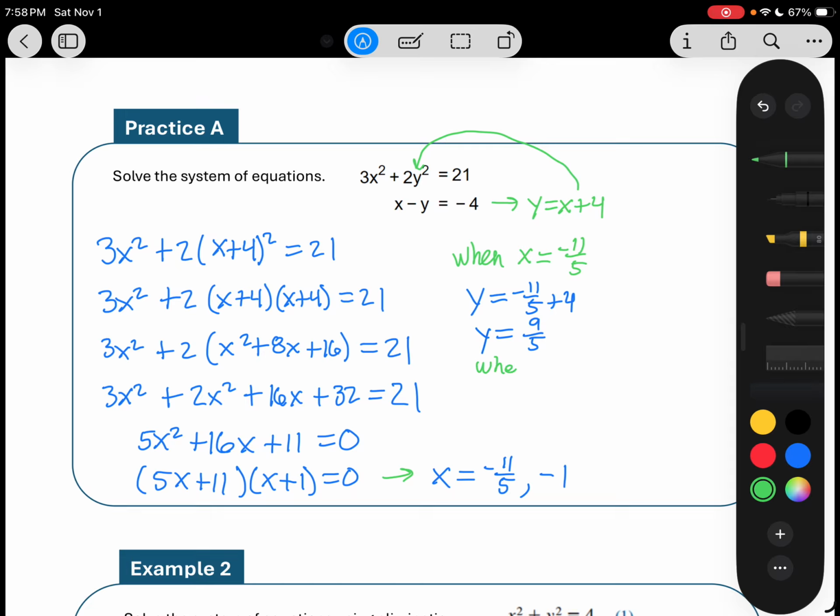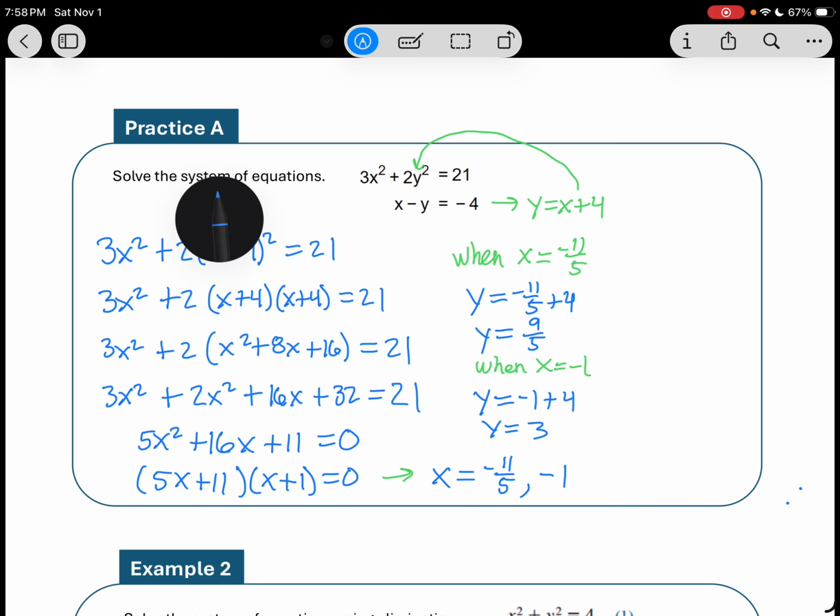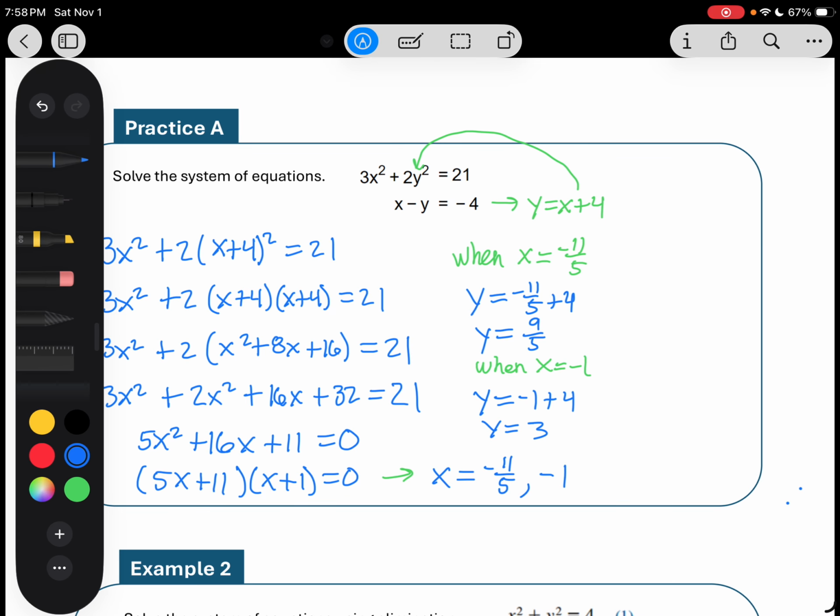And when x is equal to negative 1, we get y is equal to 3. So now we can write that as two ordered pairs: (-11/5, 9/5) and (-1, 3). So hopefully that's what you got.